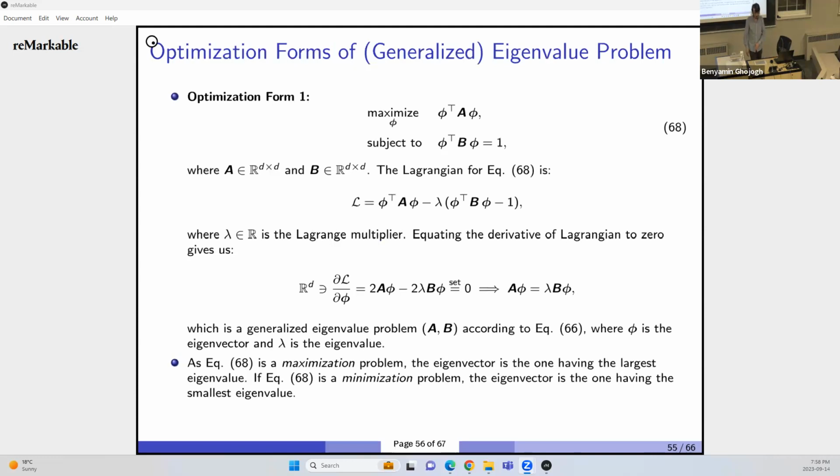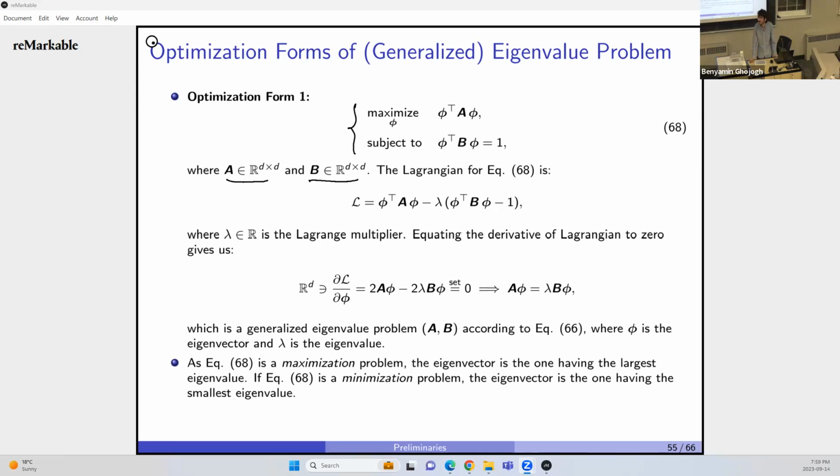Now we have some optimization forms of the generalized eigenvalue problem or eigenvalue problem. Let's see them. Do you remember we talked about the Rayleigh-Ritz quotient? We also talked about eigenvalue problems. Now let's combine them. So maximize this, which is the optimization problem for the generalized Rayleigh-Ritz quotient, with A and B. How can I solve it?